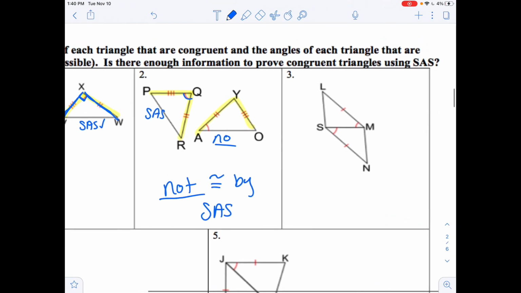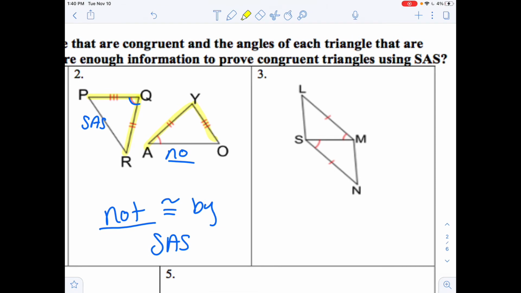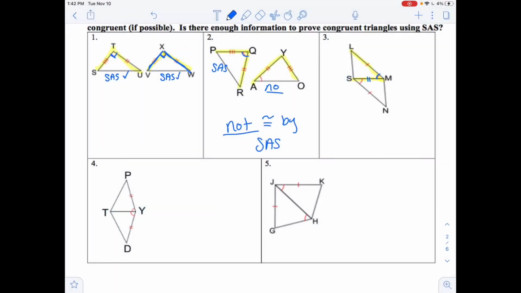And then pause your video, try 3, and again, take it one triangle at a time. We got a reflexive property. Ask yourself if I have side angle side for both, and then let me know what you got. All right, so 3, I've got my side, included angle, we're good.